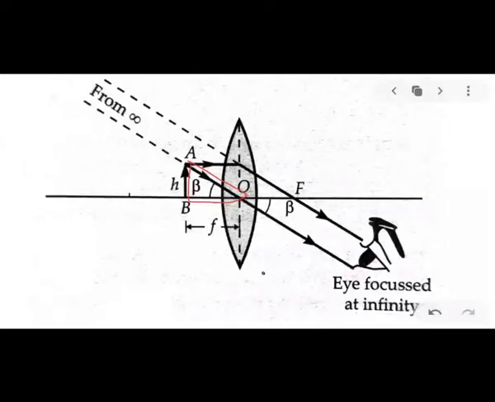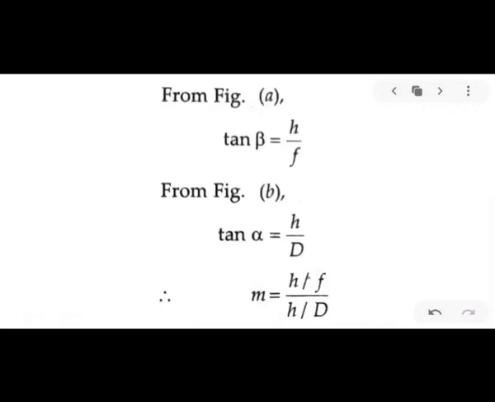Here there is an angle beta and it is a right angle triangle. So tan beta is the opposite side, h, where h is the height of the object, divided by f, where f is the focal length. So I can say tan beta equals h by f.